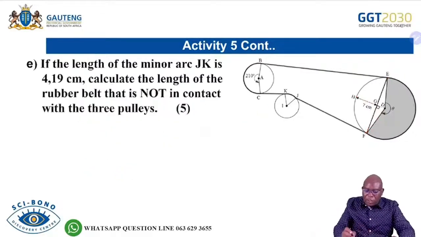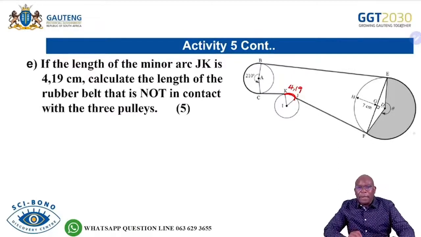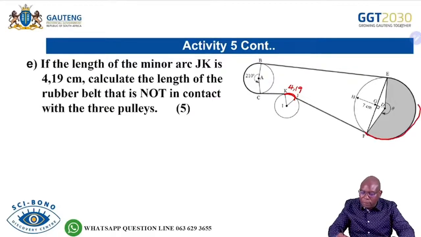All right. Okay, JK. Now we are given JK here. It's 4.19. Already I know the EF there. I can get EF from E to F here.